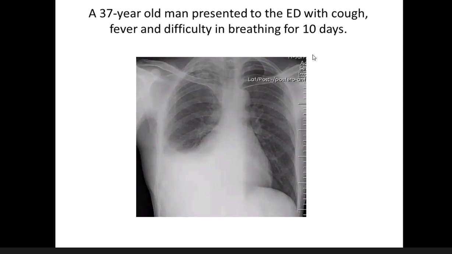If you are given a chest X-ray like this, and someone asks what is the radiological diagnosis, what is your answer? In this chest X-ray, can you exactly say that the patient is having consolidation?